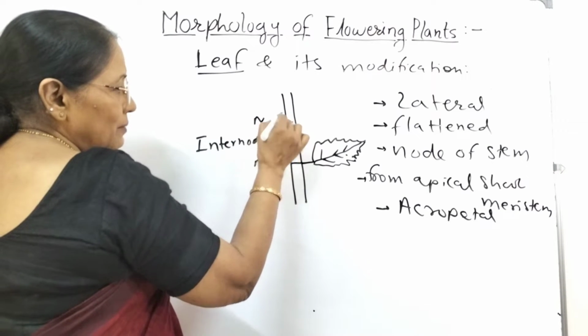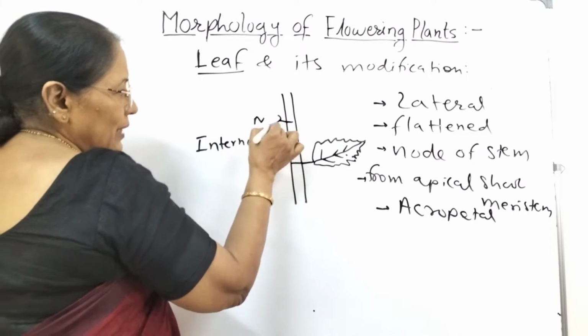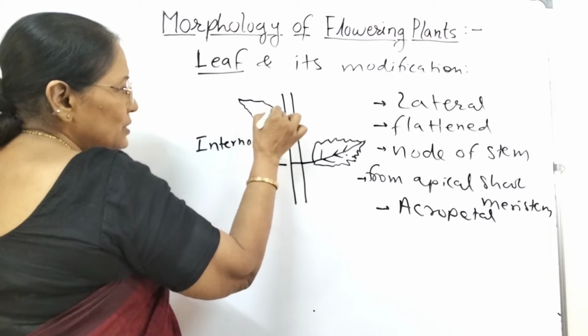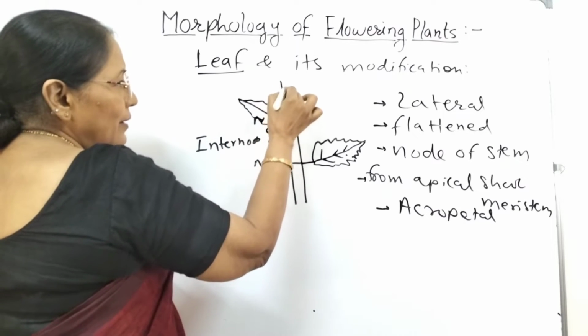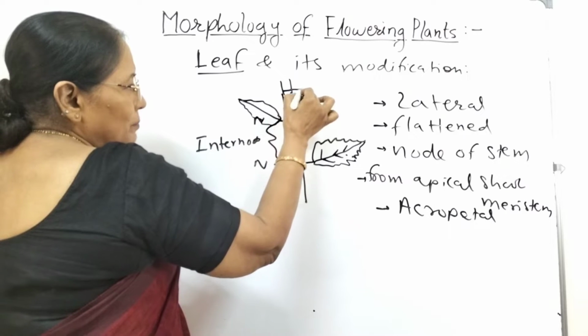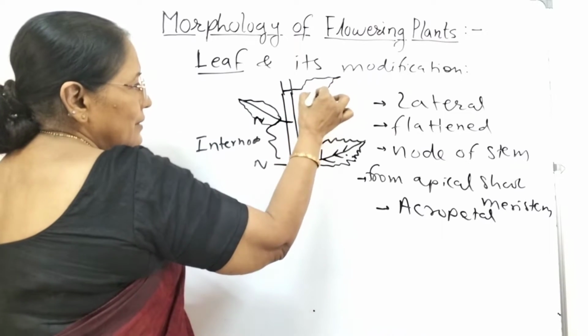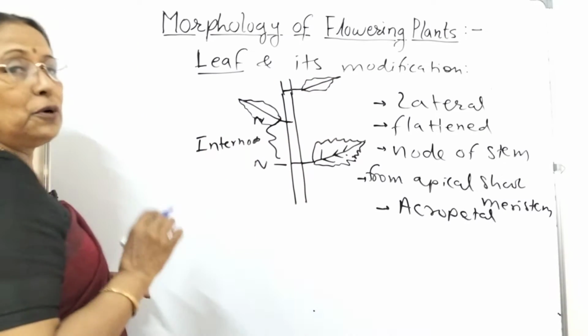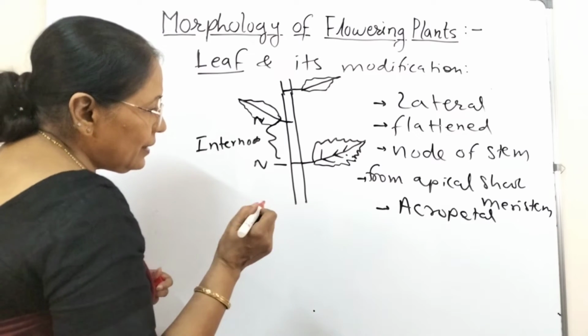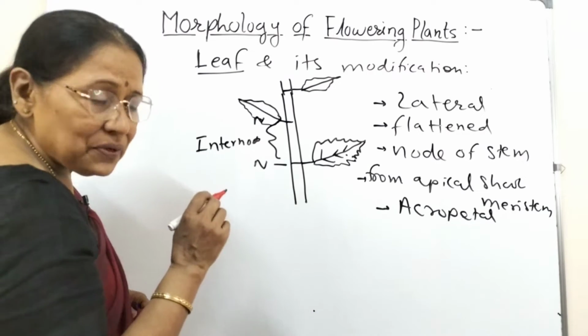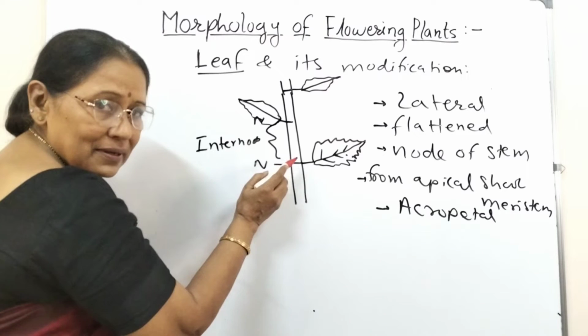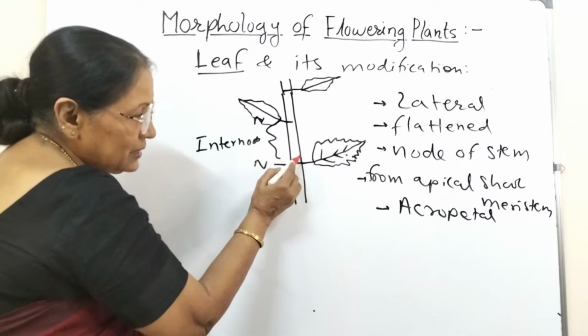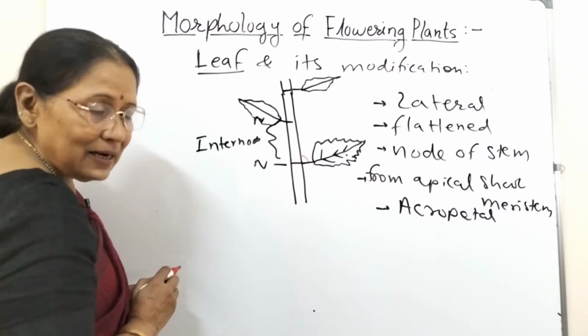So we draw it like this. This is a bigger one. Let me draw a bit smaller one here and a bit more smaller at the top. So this is acropetal succession. And in their axil, what is present? This is the stem, this is the leaf. This angle is the axil.